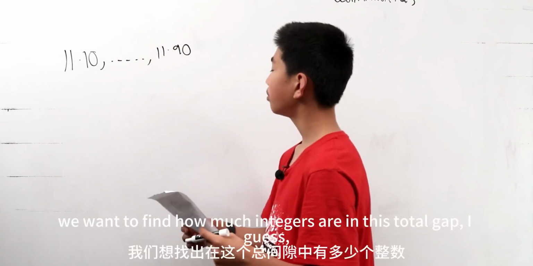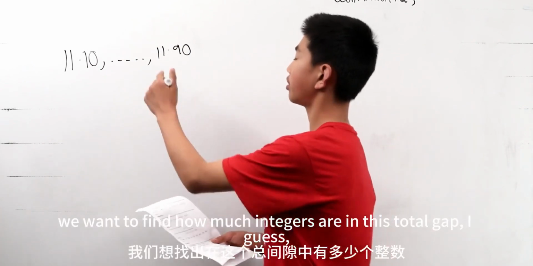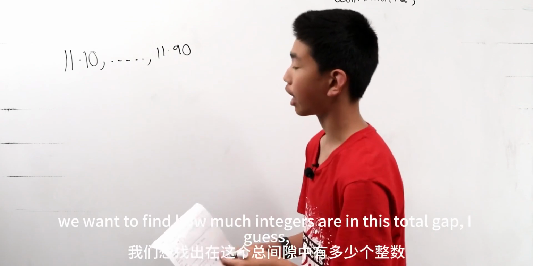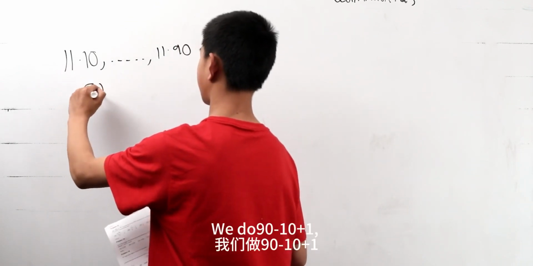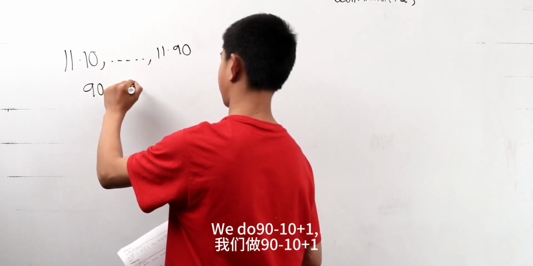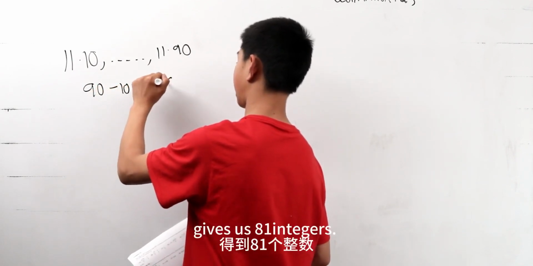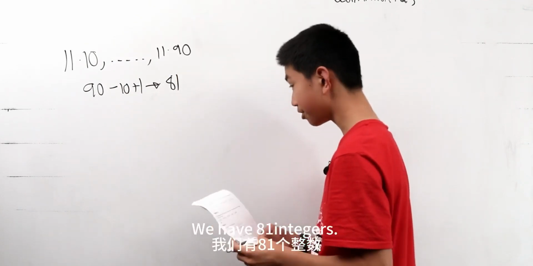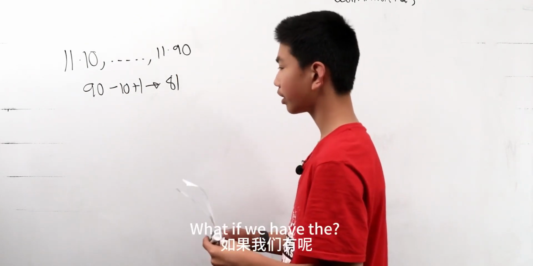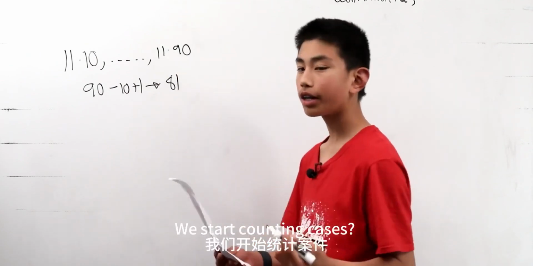Now, we want to find how many integers are in this group. It's inclusive, so we do 90 minus 10 plus 1, which gives us 81 integers. Now we start counting cases.